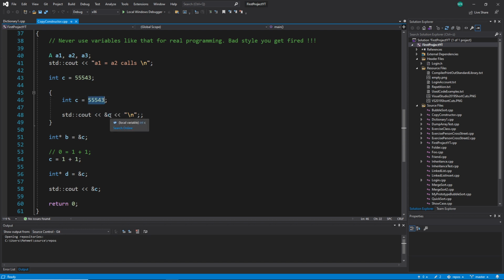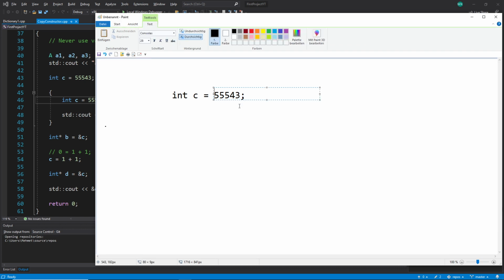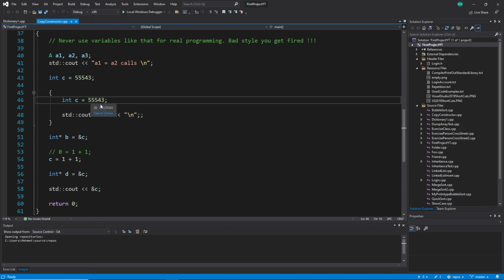It is just created here, and it is used, and after the statement here, after this semicolon, this value is gone. It has done its purpose, it's no more used, and the compiler will discard this value. And this kind of stuff is very important to understand, because this number is just created right now at this point, in contrast to C, for example.